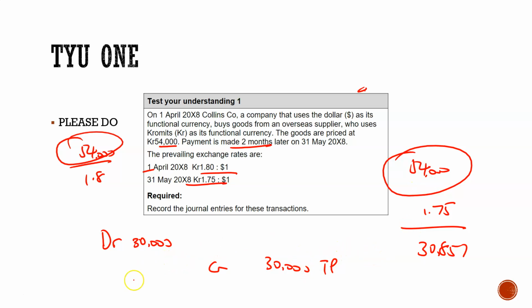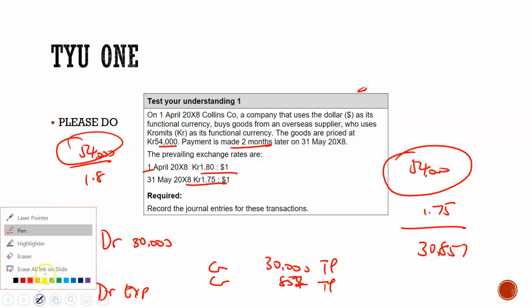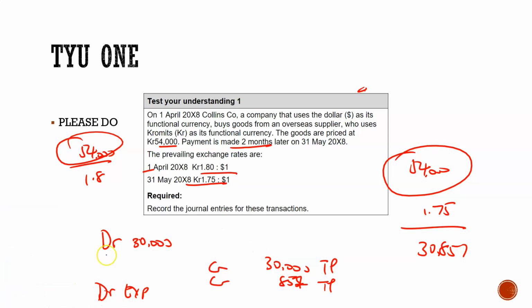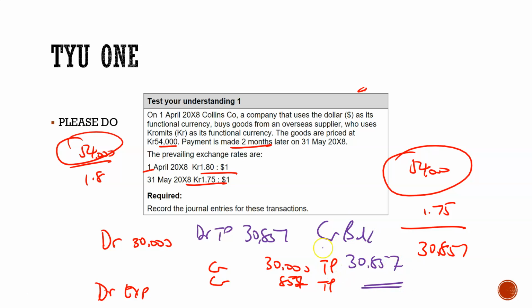So what you should do is recognize an expense first of all, a loss on exchange, and credit 857 to trade payables. Now your double entry is fine. Now you can debit trade payables with 30,857 and credit bank, because that's what you have to pay. You owe them kromets. That's what they want.